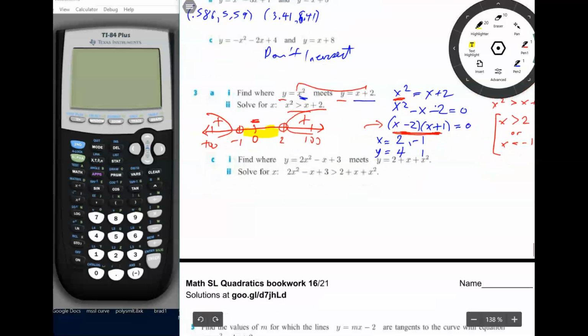Okay. Let's check out this next one. Find where 2x squared minus x plus 1 meets 2 plus x squared. The way I do that is I set them equal to each other, just like I did before.